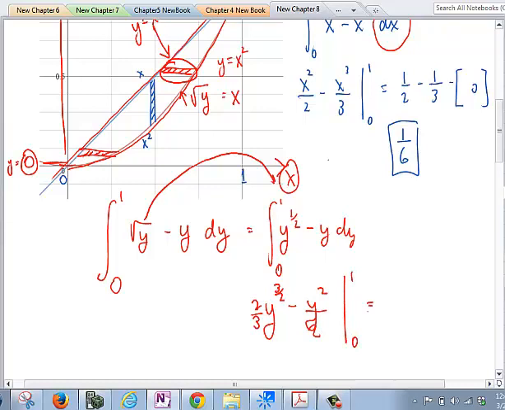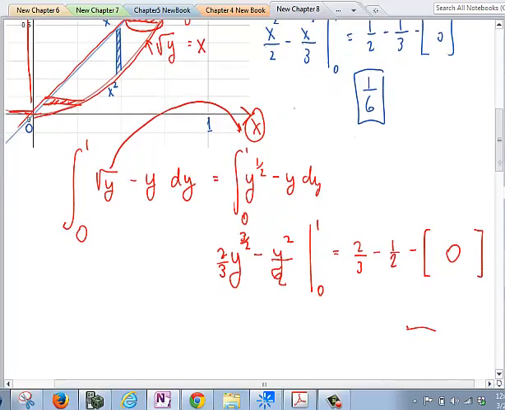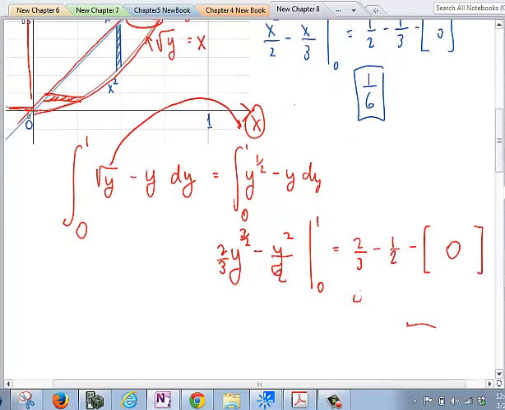So when we plug in our 1 value, we're going to get 2/3 minus 1/2, minus a 0 value when we put 0 in. What's 2/3 minus 1/2? It's 4/6 minus 3/6, which results in the same exact answer that we got before.